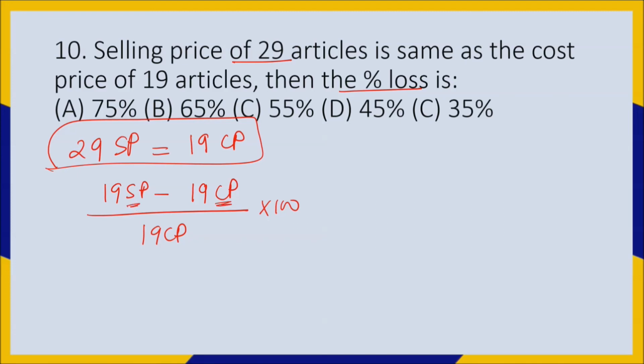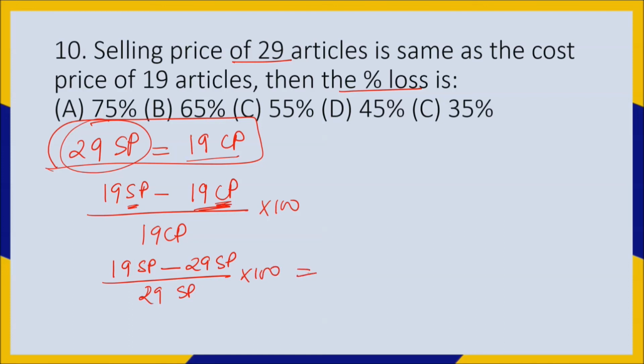So we need to convert this, ये CP और SP को सेम यूनिट में कन्वर्ट करना पड़ेगा. So 19 CP is equal to 29 SP, ऐसा मैं लिख देता हूं. 19 SP minus 19 CP is equal to 29 SP divided by 29 SP into 100. So the difference is 10 SP upon 29 SP into 100, ठीक है.